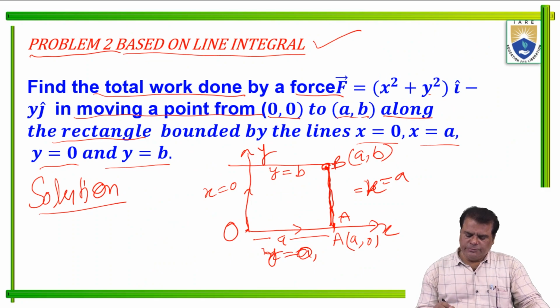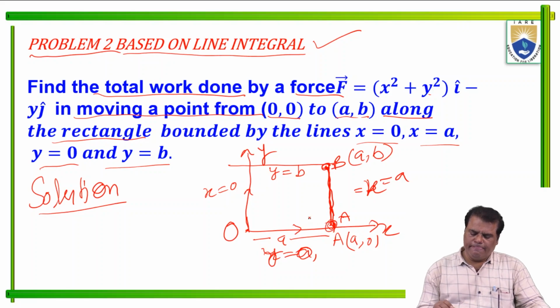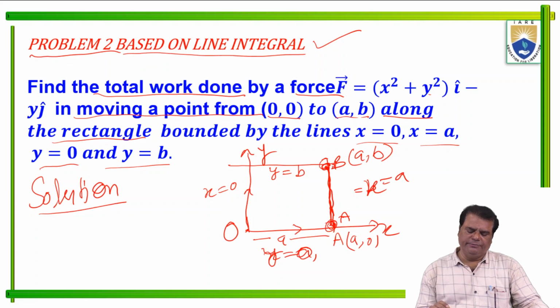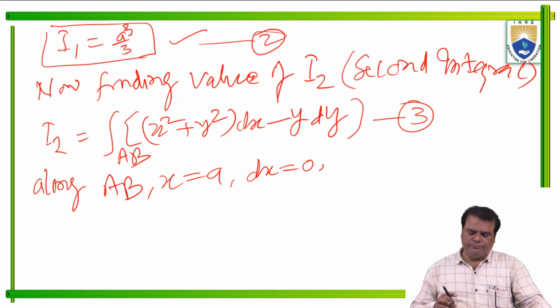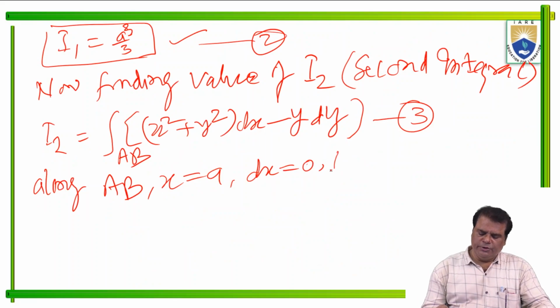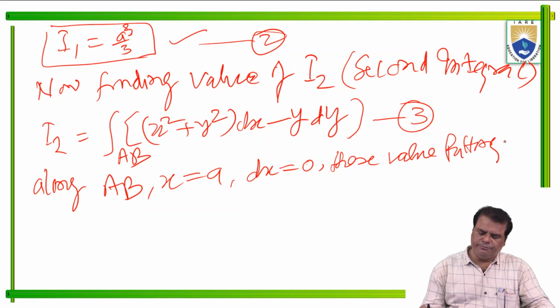The value of y is 0 here and here the value of y is b, so 0 to b, because this integral is along the y-axis. So putting these values in equation 3.